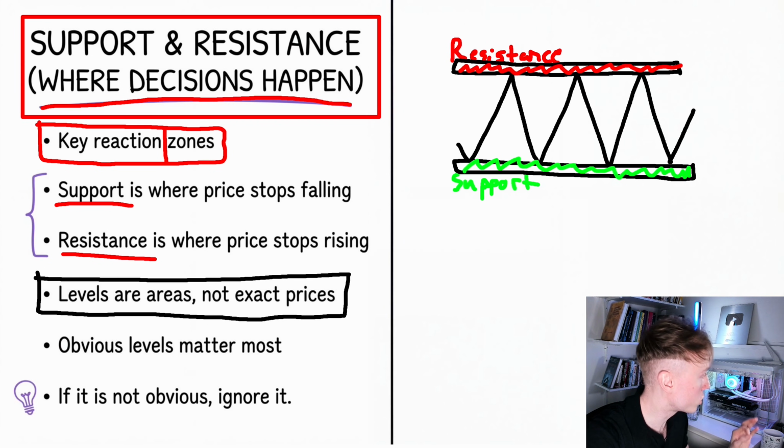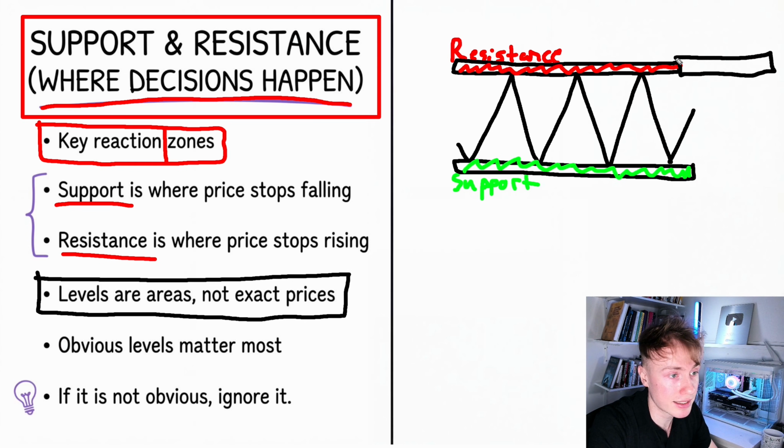And I also want to really emphasize that a resistance level definitely doesn't mean that the price will not go above it. Because in real markets, let's actually extend this resistance level right here. Let's extend it like that. In real markets, what many times will happen is that the price will break above the resistance.